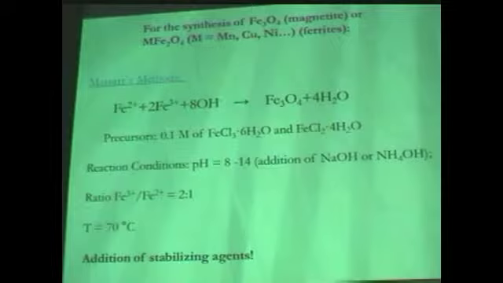In order to synthesize those materials, we should take precursors, iron 3+ and iron 2+ salts, in stoichiometry 2/1, 2 equivalents of iron 3+ and 1 equivalent of iron 2+, in basic media with the pH ranging from 8 to 14.